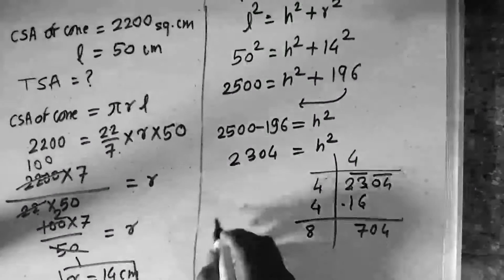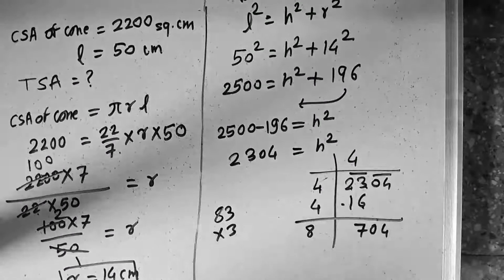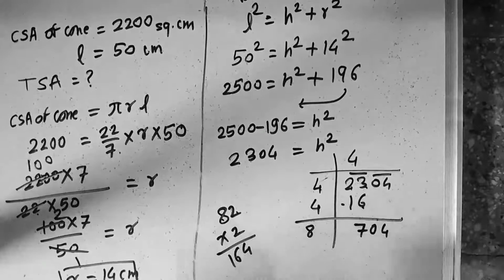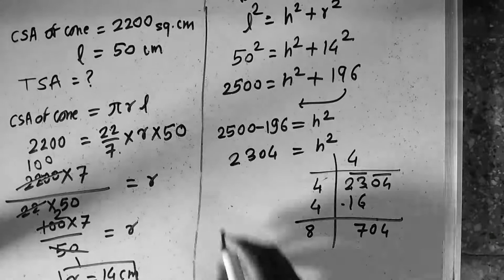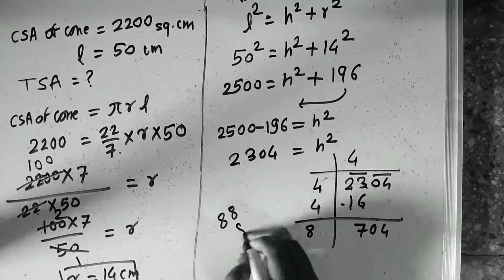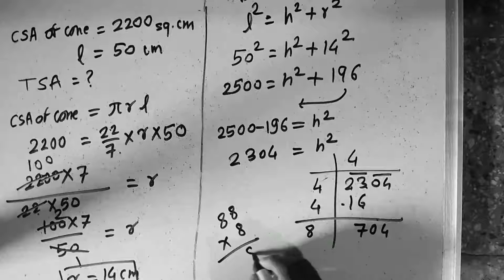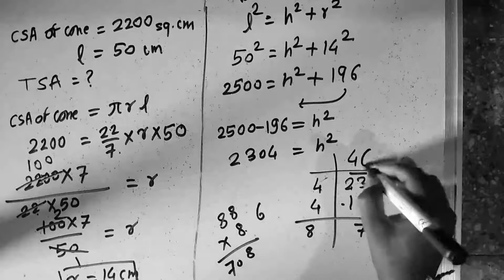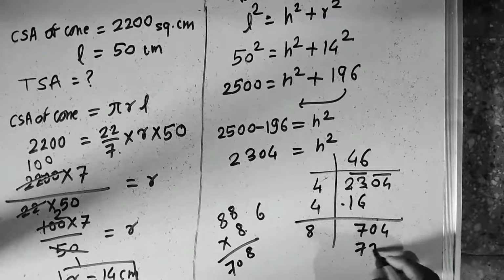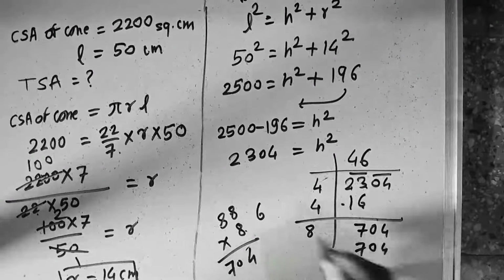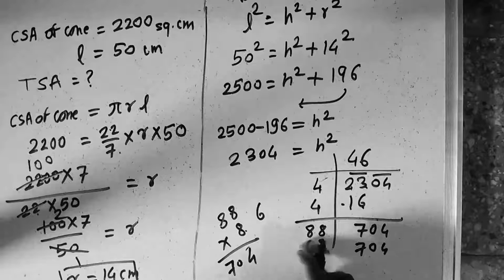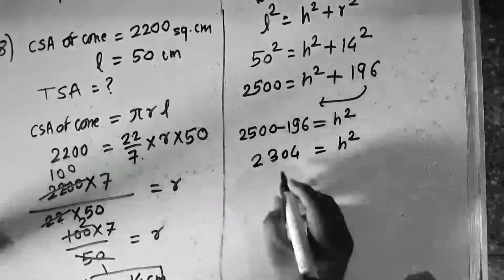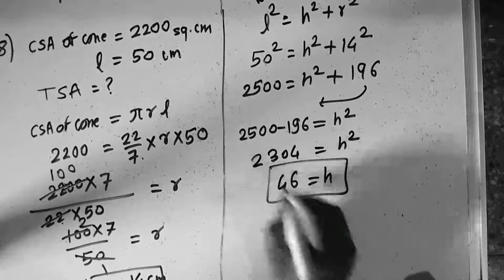So let's try. 83 multiplied by 3, not possible. 82 multiplied by 2, 2 fours are 16, not possible. 88 multiplied by 8, yes, 8 eights are 64, it is 704 if I multiply by 8. Okay, so it is 48. By using the standard method, the answer is 48, the h value, in centimeter.